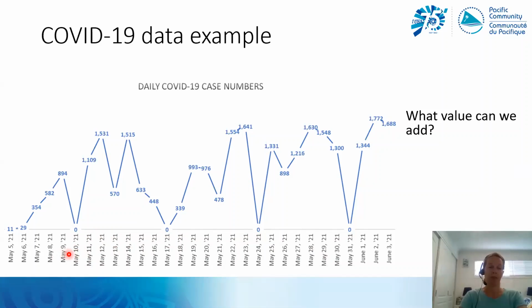And if we look a bit further, we can see that they happen at a regular interval every 7 days. So we could guess that something's happening in the data collection rather than that being a true reflection of COVID cases. And indeed, if you look up the calendar, you can see that that's a Sunday each time.